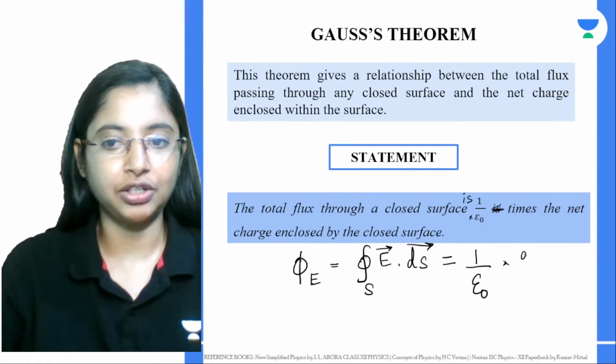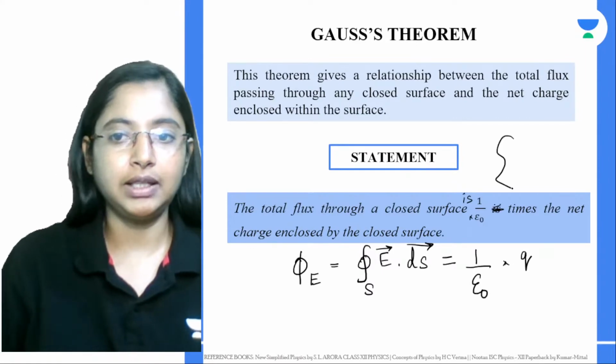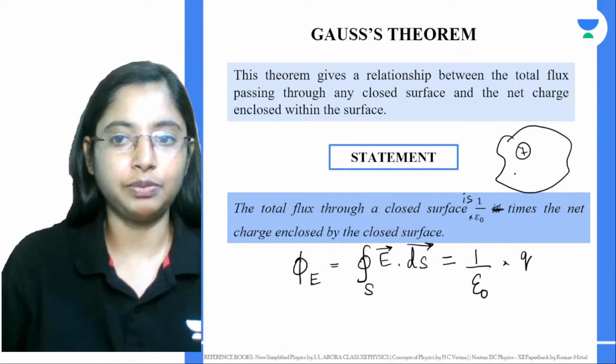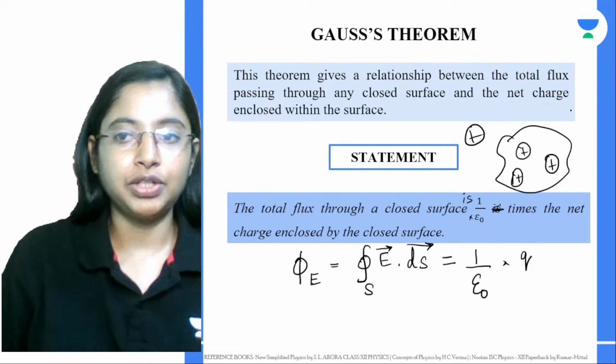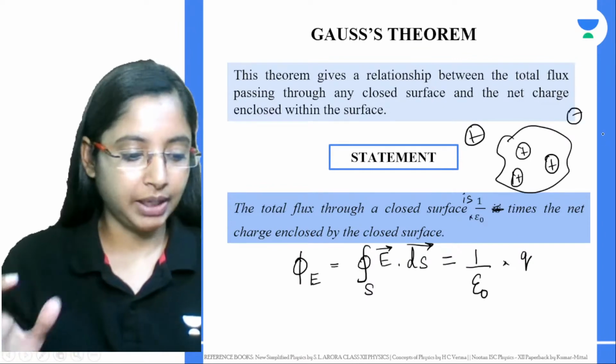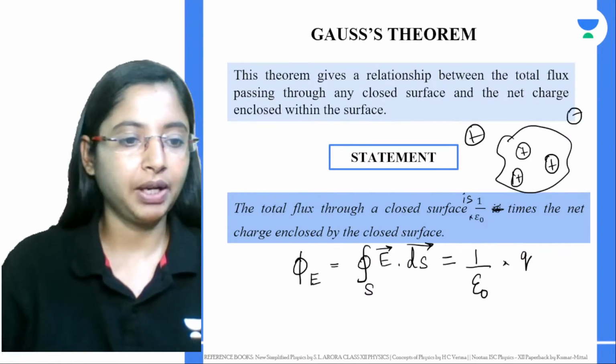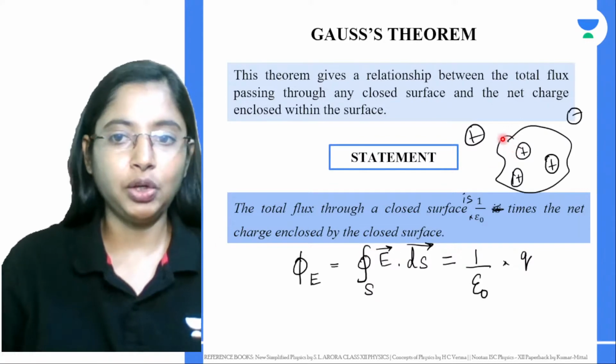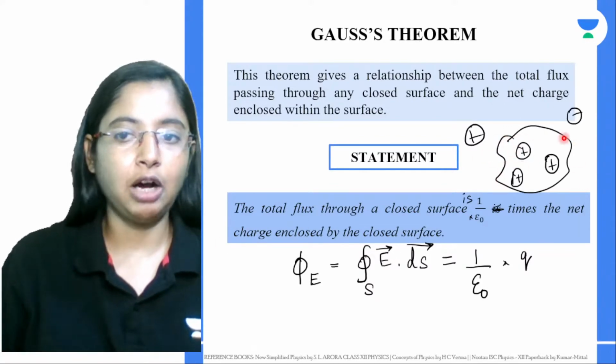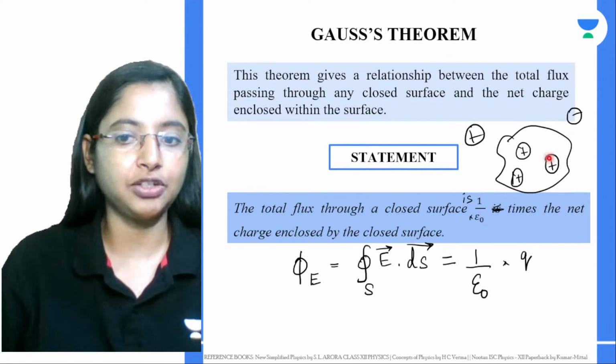Let's say the net charge enclosed by the surface is Q. Let's say there is a surface and there are positive charges. If there are charges outside, it doesn't matter. Gauss's law is only applied for closed surfaces, so we only consider the charges inside. Because of the charges here, how many field lines are there? The electric flux is equal to 1 by epsilon naught times the charges inside.